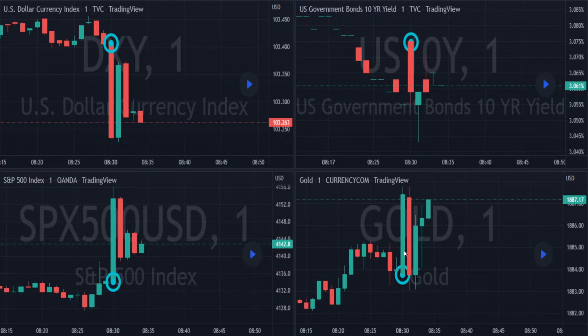Gold saw an appreciation, but you can see it wasn't a straightforward release to trade. It was very mixed, with a lot of whipsawing within the first 5 minutes of the release. One thing we need to highlight is that the key focus for traders at the moment, as we've seen with past releases of the CPI and the PCE price index, is that when inflationary pressures are dampening, starting to peak or starting to decline, that's positive for the stock market.